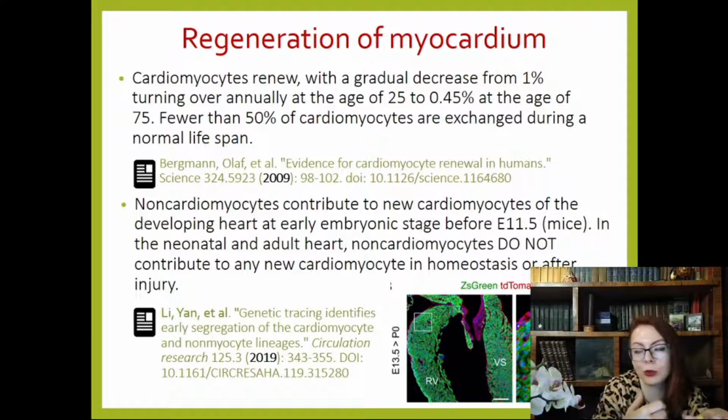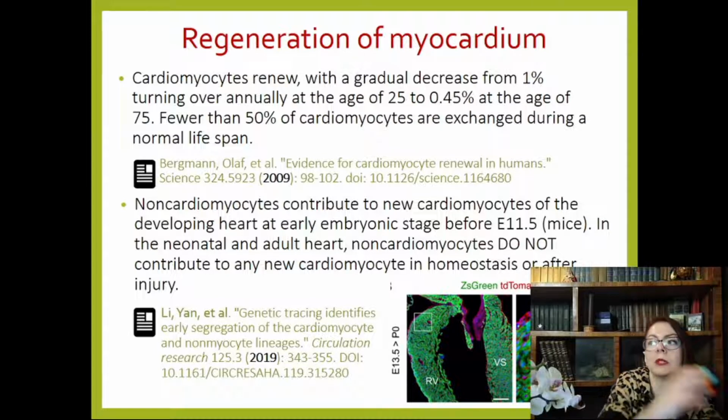But that's not true. It was shown that their positive effect is only in producing biologically active substances. Those mesenchymal stromal cells only stimulate local cardiomyocytes to proliferate. But themselves, they do not incorporate, or a very low percent get incorporated. So that's what you have to know.